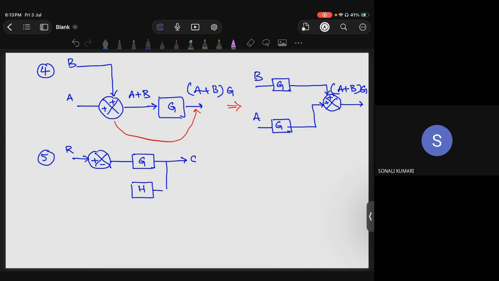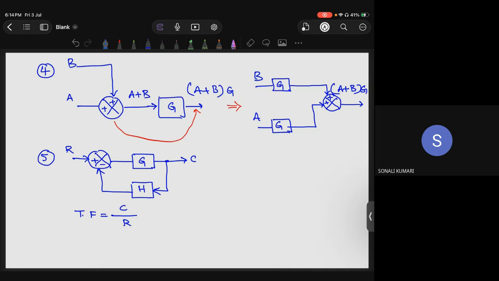Hope you remember this concept. And we have this. So basically, this is C, correct? Now your job is to find what is the overall transfer function. What is the overall transfer function? That is output C by input R.